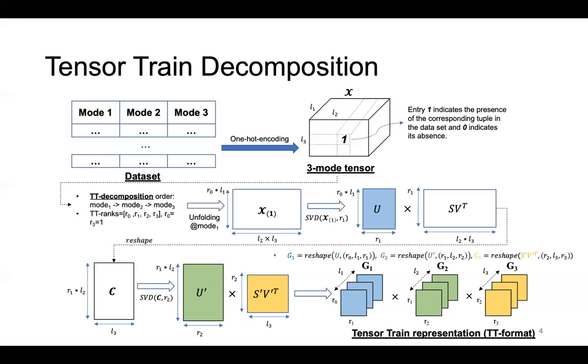G2 is reshaped from the U prime matrix, which we got from the second SVD decomposition. And the last core, G3, is the reshape of S prime multiplied by V prime transpose.